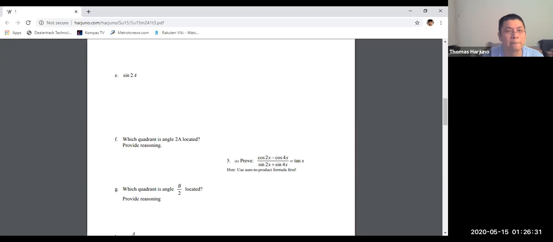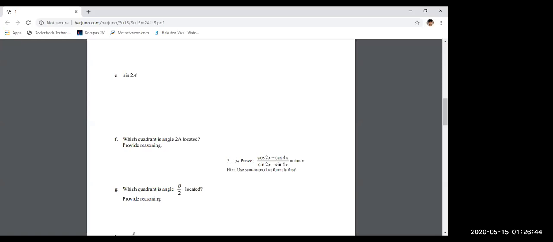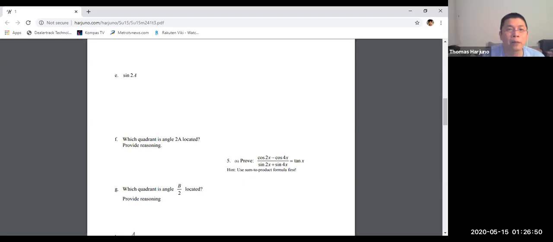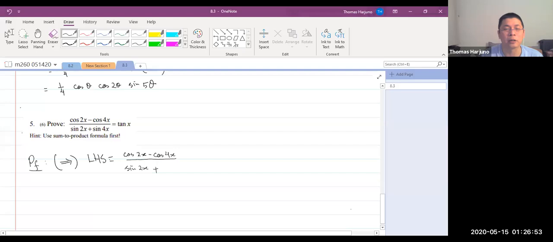Left-hand side, we have cosine 2x minus cosine 4x over sine 4x. Wait, Professor, I think you can't see the screen. It's still on the test. My bad. Yes, here. Sine 4x.